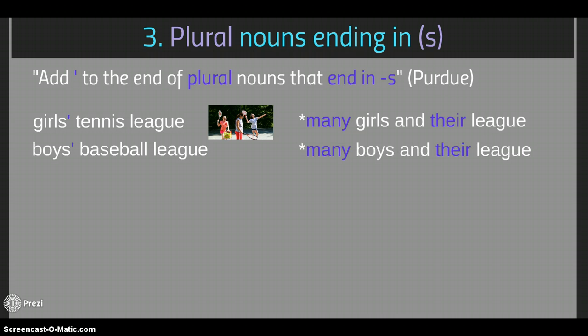We have many boys and we're talking about their league, so we're going to just add the apostrophe after the letter S to show the possession. And we have the Kids' Book Club. Again, we have many kids and we're talking about their club, so we're just going to add an apostrophe after the letter S to show the possession.